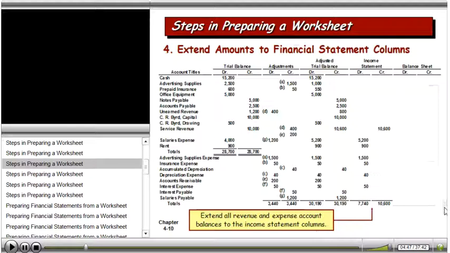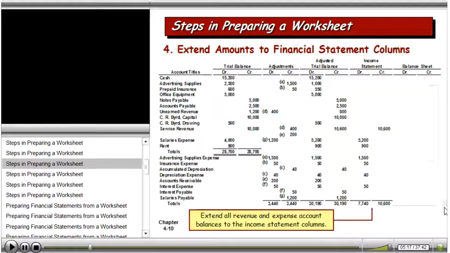The next step is to extend, to take from the adjusted trial balance column all the income statement items and put them in the income statement column. So cash, advertising, supplies, prepaid insurance, office equipment, those are balance sheet accounts, so they would not go on the income statement. Instead, we drop down to things like service revenue, salary expense, rent expense, advertising, and so on, and drop those in.